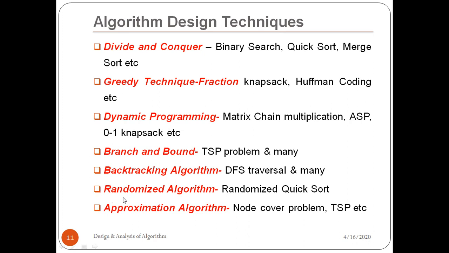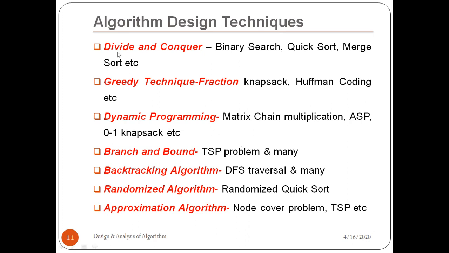And next is the randomized algorithm, and for this we can take the quicksort example. In quicksort, we generally consider the last element as the pivot node, but in a randomized algorithm we can pick any of the elements as the random node.